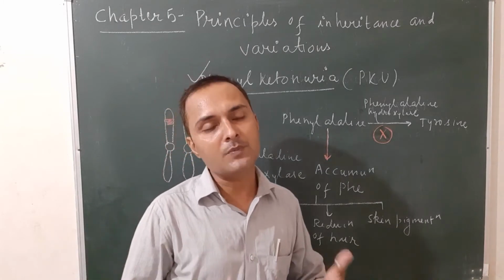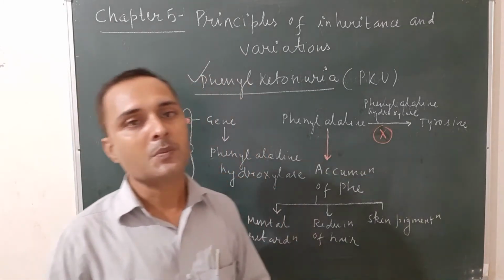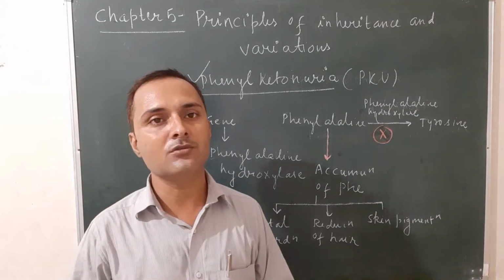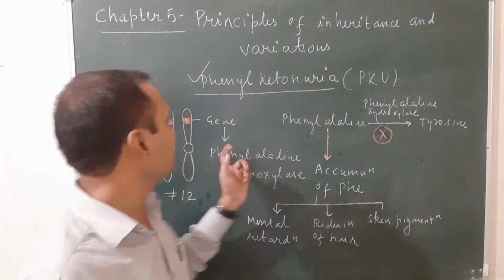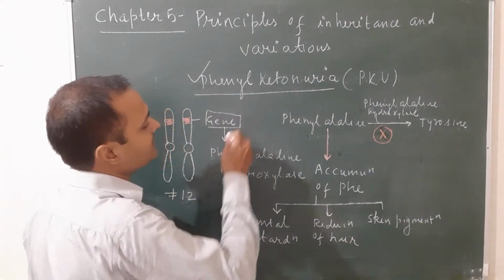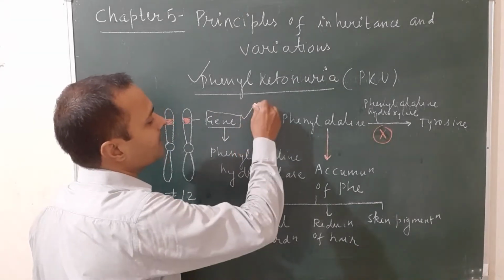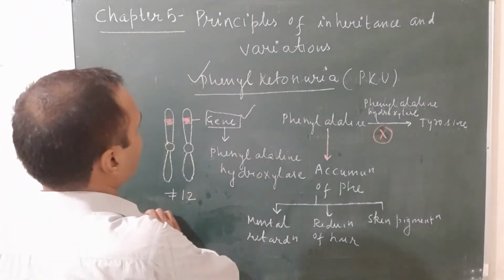When more than one phenotypic effect is shown by a single gene, this phenomenon is known as pleiotropy, and such type of gene is known as pleiotropic gene. So let us see the second one, polygenic inheritance.